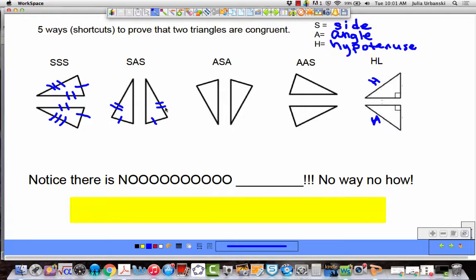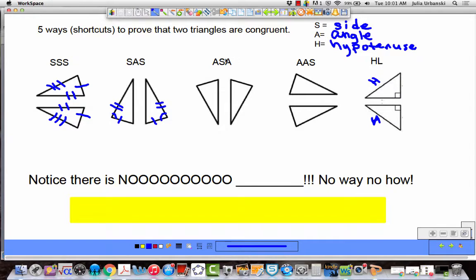If you knew that the angle right in between them was congruent, then you would have side, angle, side, and you'd be able to say those two triangles are congruent. If this pattern, side, angle, side, happens on both triangles, two pairs of sides are congruent and the angle in between is congruent, you can say that the triangles are congruent.